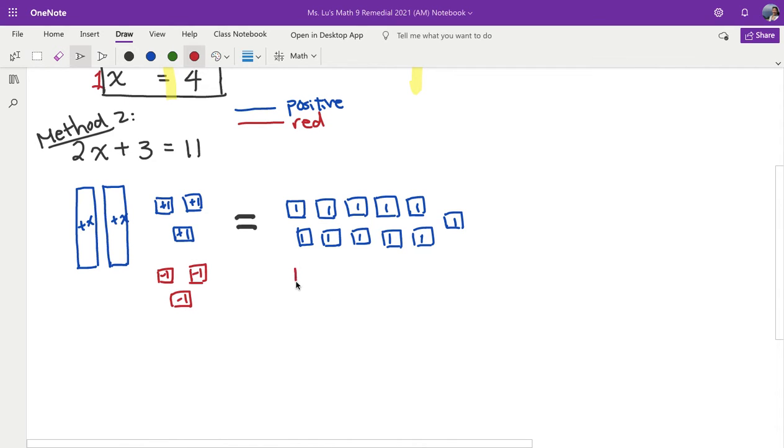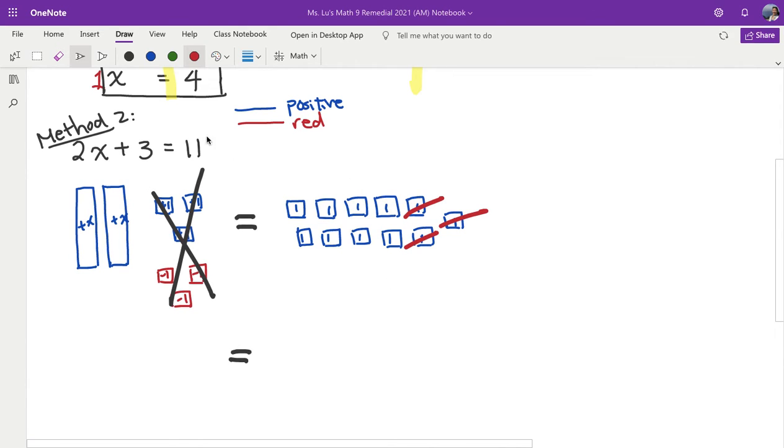Don't forget, I'm also taking away 3 from the right side. So what do we have now? This is gone. Now 11, we remove 3, so I'm just going to take away 1, 2, 3.